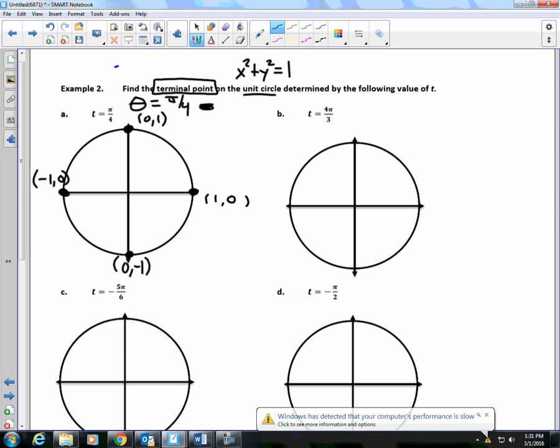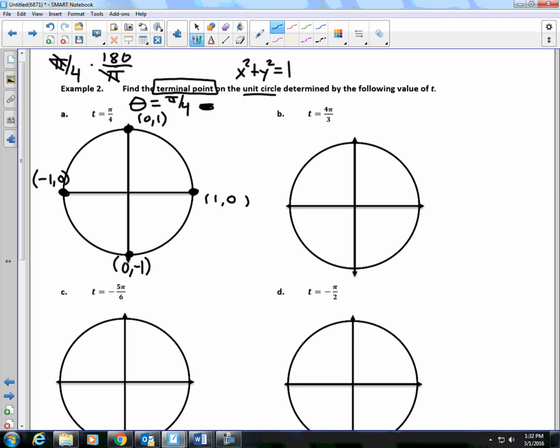This might be what you have to do in your assignment. If you don't remember, take pi over 4 and multiply it by 180 divided by pi. What happens to the pi's? They disappear. And 180 divided by 4 is 45 degrees. So I'm going to use 45 degrees, okay?